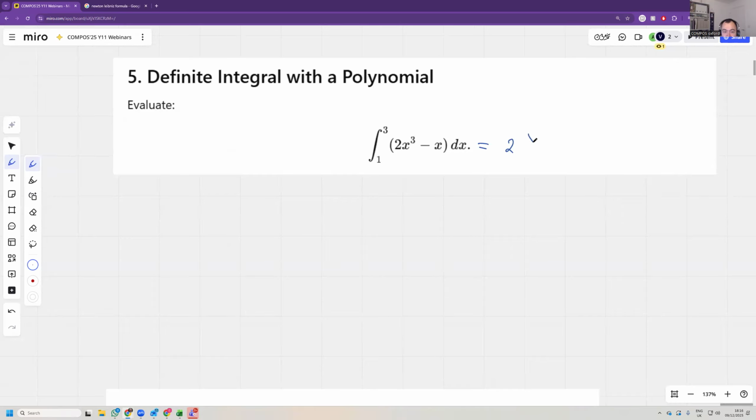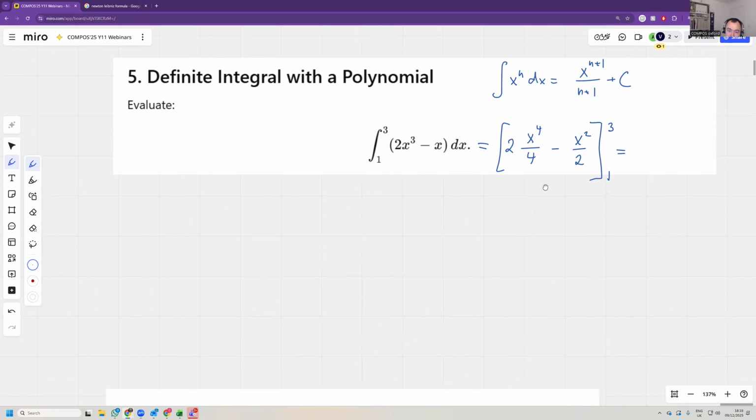So 2x to the power 4 divided by 4. Yes, so we're using that formula: the integral of x to the power n dx is x to the power n plus 1 over n plus 1 plus c. And then you have, okay, minus x squared over 2. And then you draw square brackets, and you put 1 and 3.